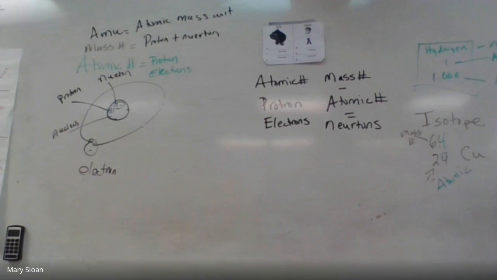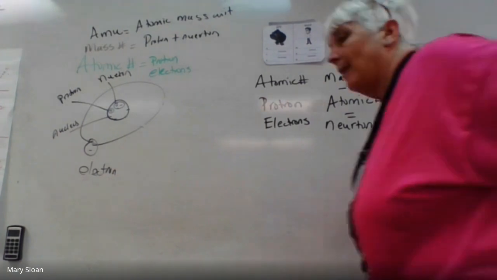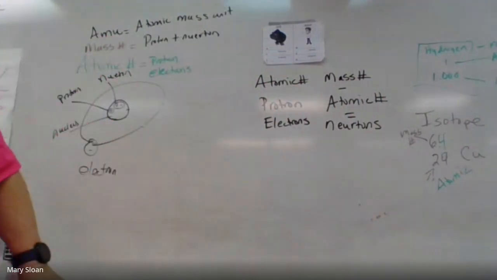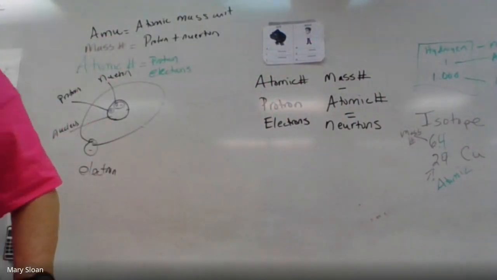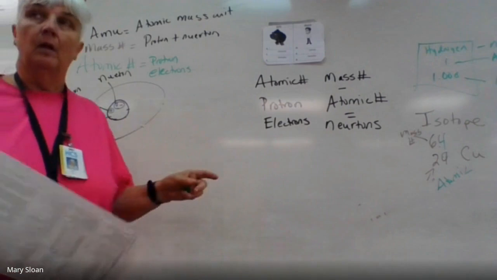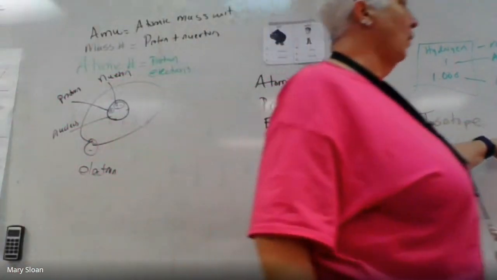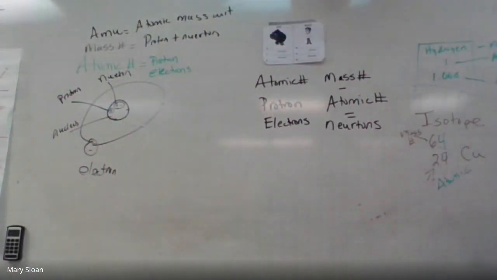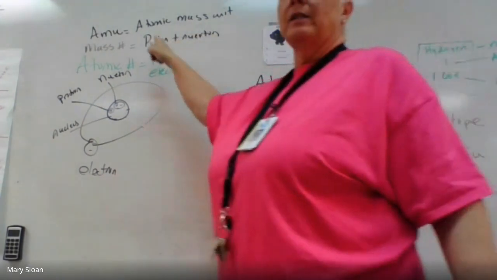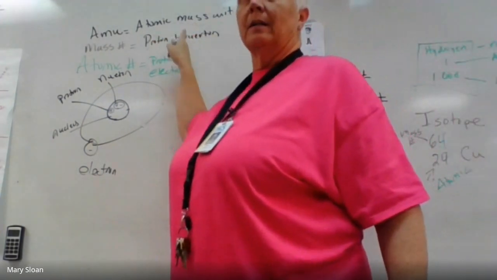It still would be 29, but it might be 65. This is an isotope for copper. What's the difference between the two of them? One has one more neutron in the center. Because when we say mass number, that's protons plus neutrons, right?